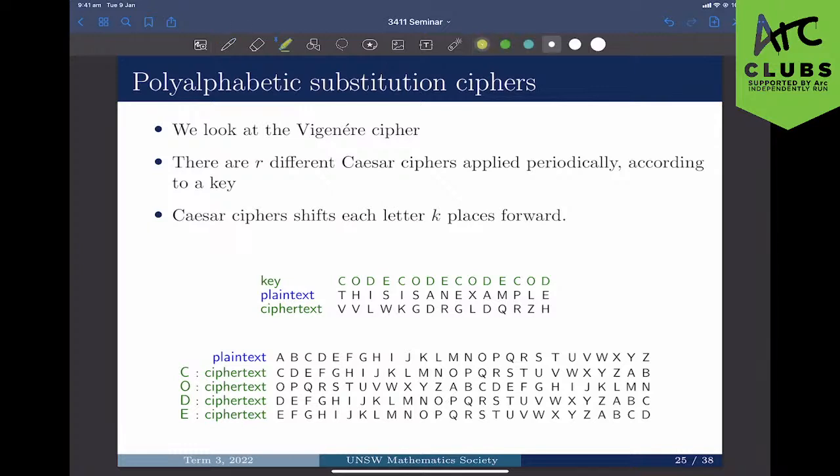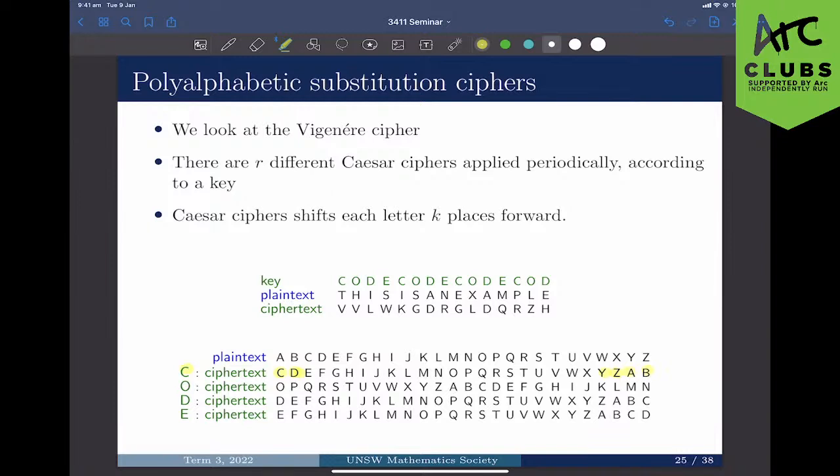Another way of looking at Caesar ciphers is that the Caesar cipher for C is a cipher that starts with C, and it's C, D, and so on until Z, and goes to A and B.